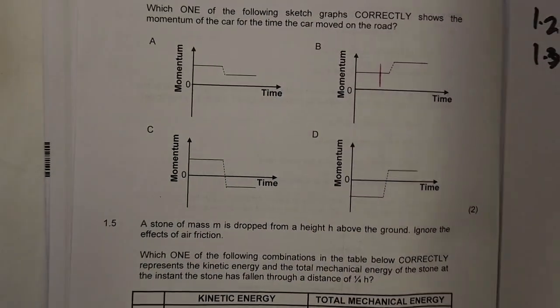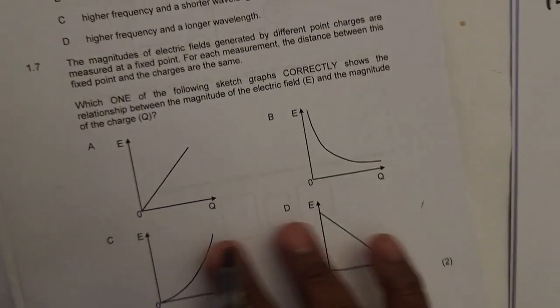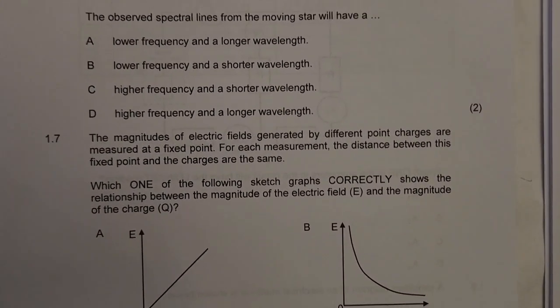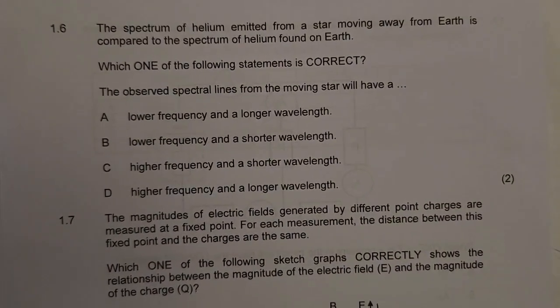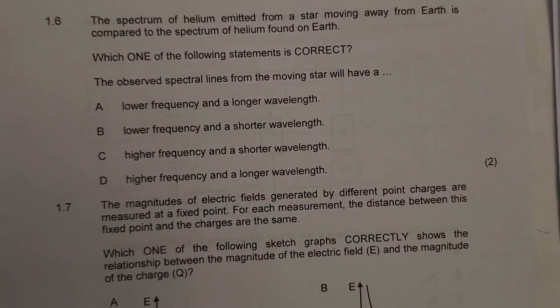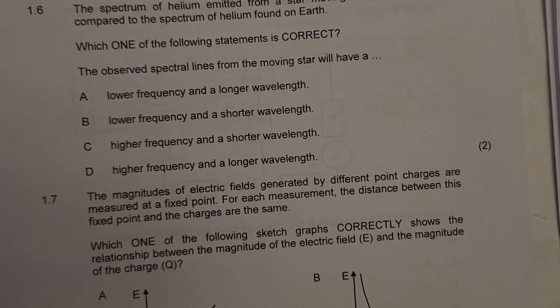The next one, which is 1.6, let's look at this one. They say to us, the spectrum of helium emitted from a star moving away from Earth is compared to the spectrum of helium found on Earth.